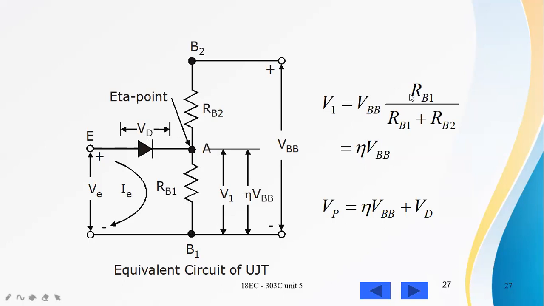The ratio of RB1 to the total resistance is called eta. That means V1 equals eta times VBB, where eta is called the intrinsic standoff ratio.